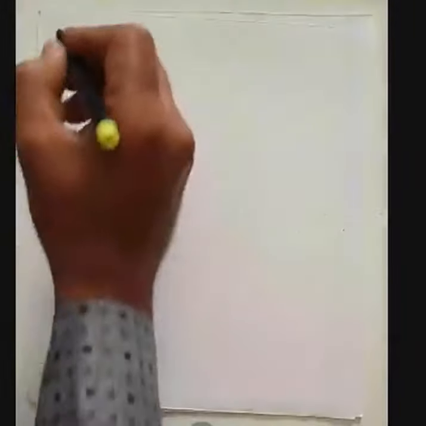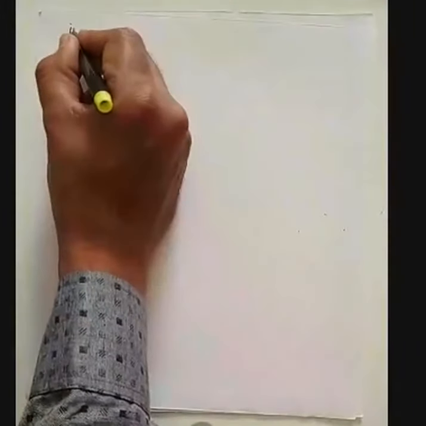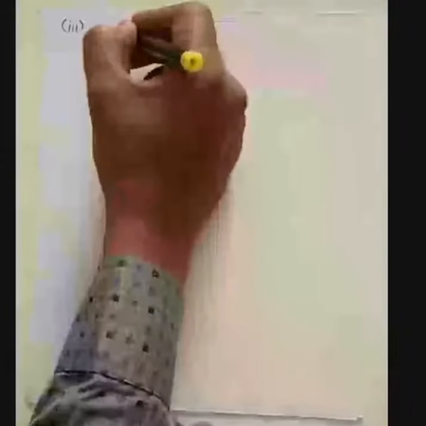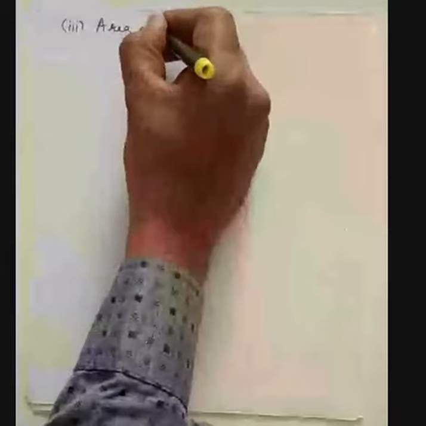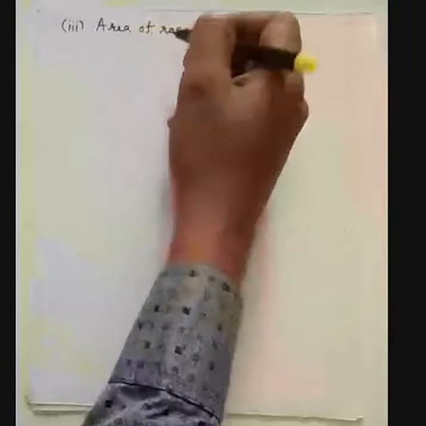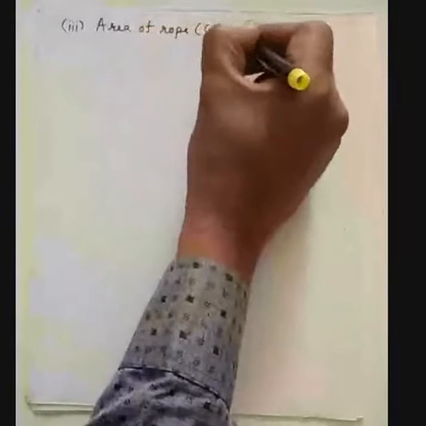So, coming to the next sub step, step number 3. Now we have decided the material, so next is the area of rope, that is the cross section area.